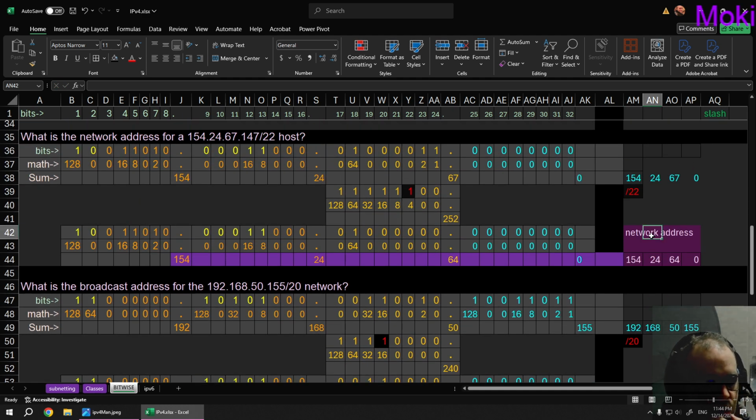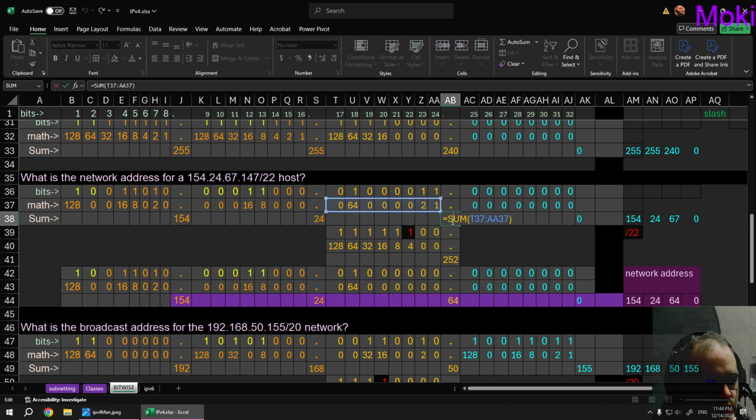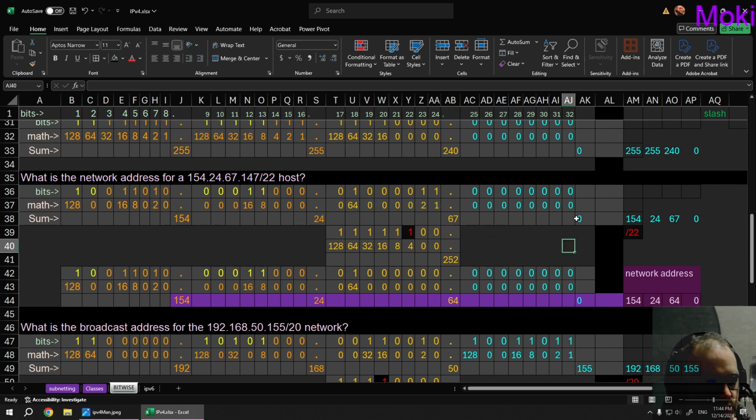This means the whole network address. So I have the address here, 154, 24, 67. It's not really 0, it's 147, but it doesn't matter. It's going to be zeroed out.